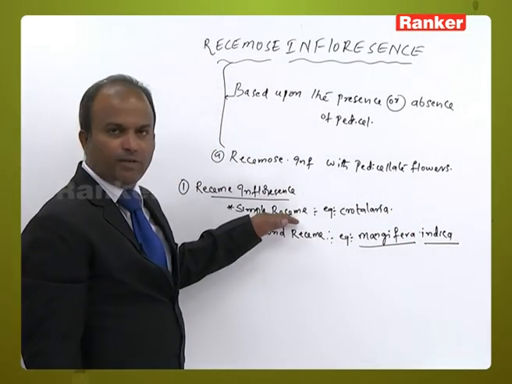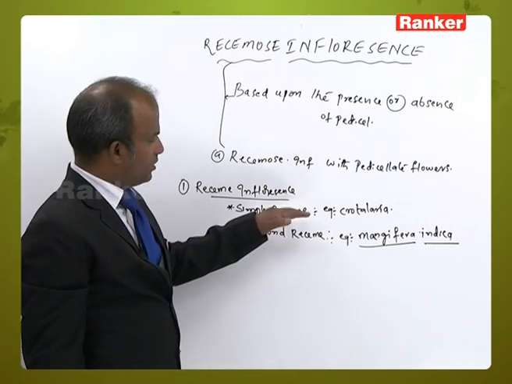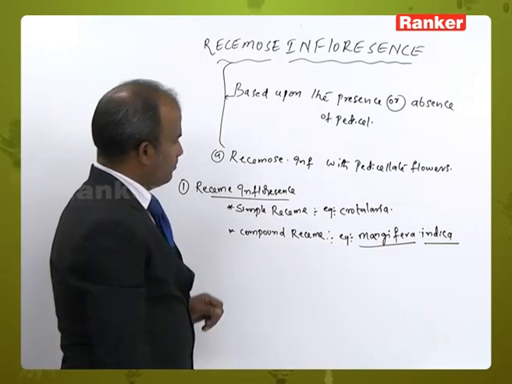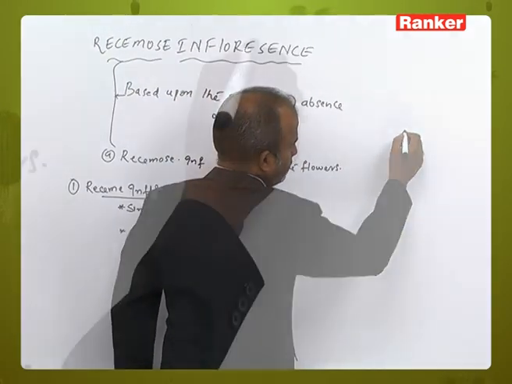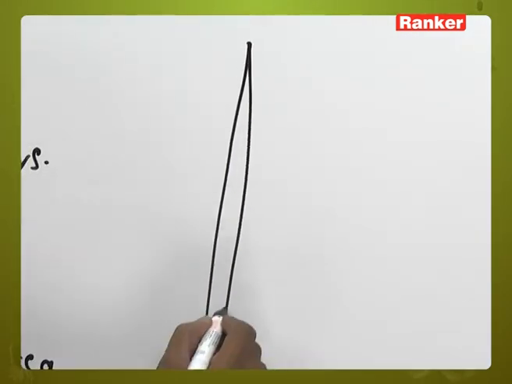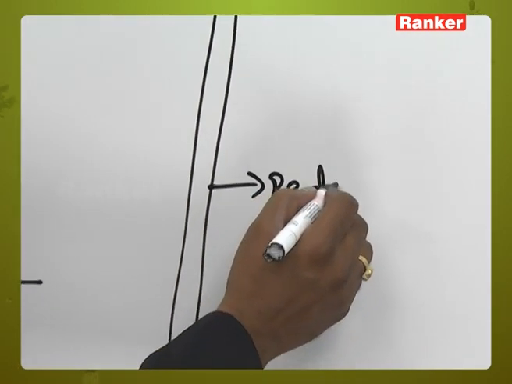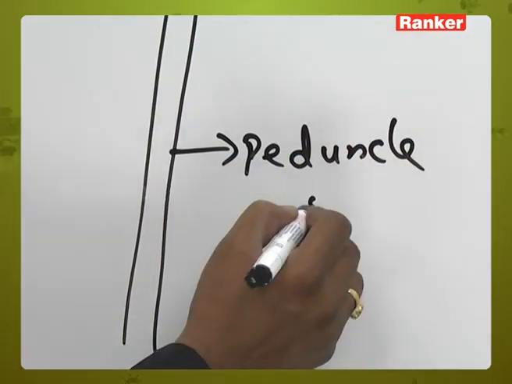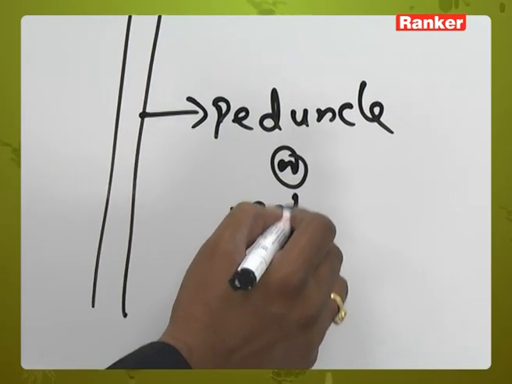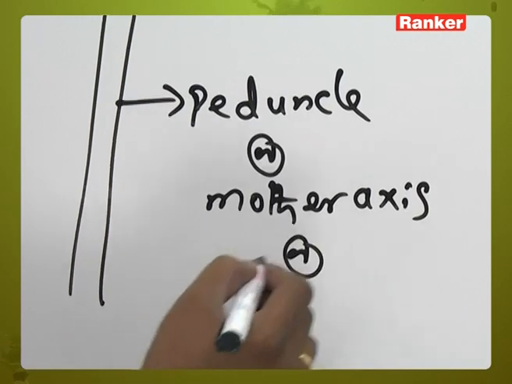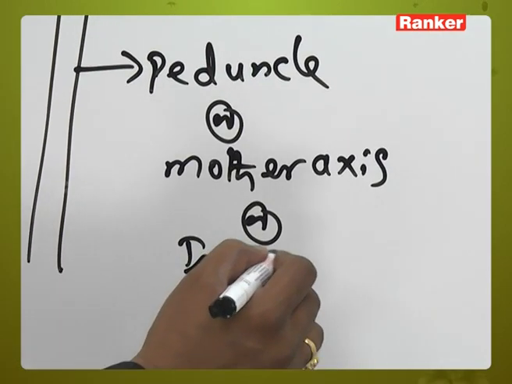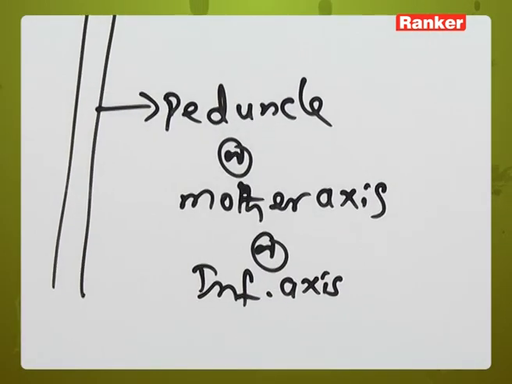So what is meant by simple raceme? Think this is the peduncle. Peduncle is also called the mother axis, also called the inflorescence axis.